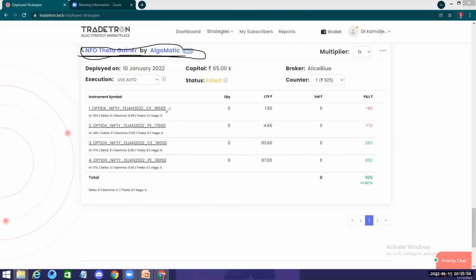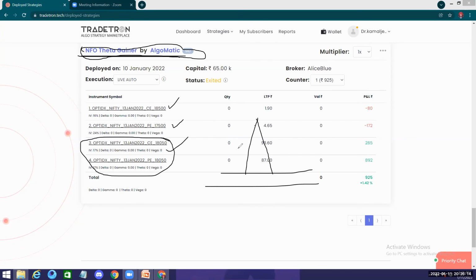What I could make out is, you can say an ATM straddle, hedged by maybe an option buying. So it turns out to be somewhere like an iron fly.